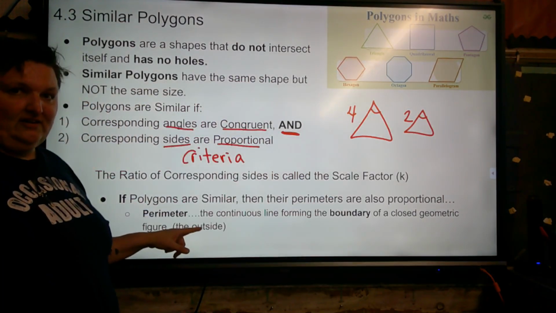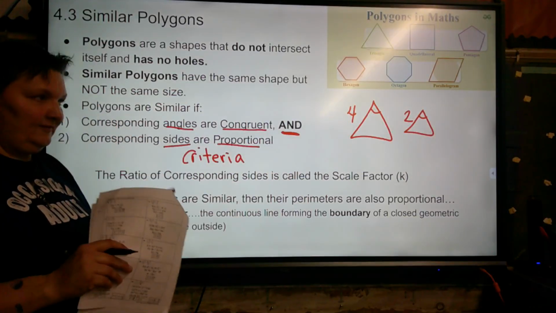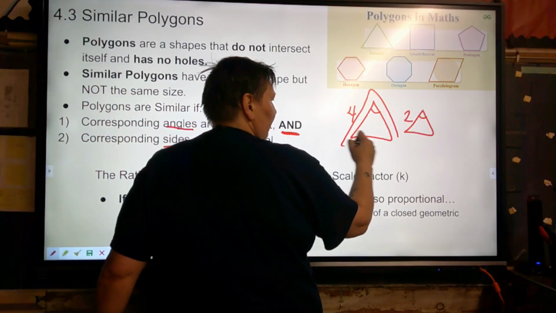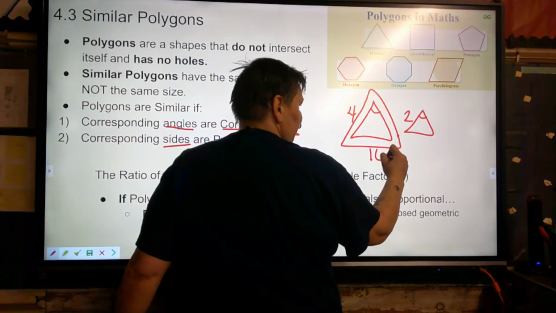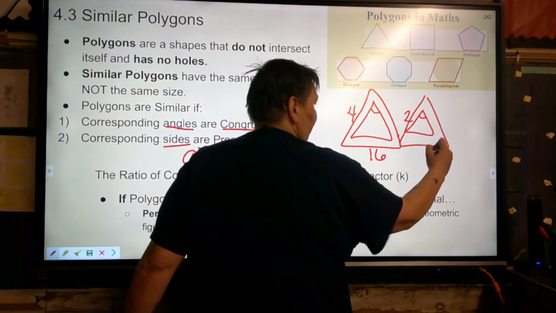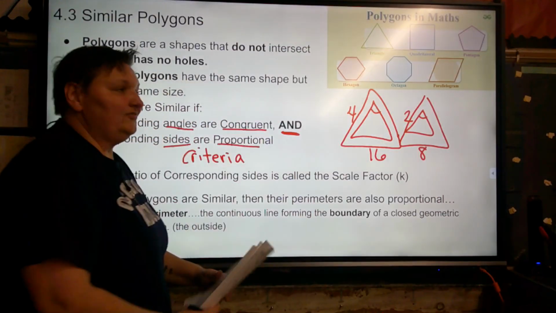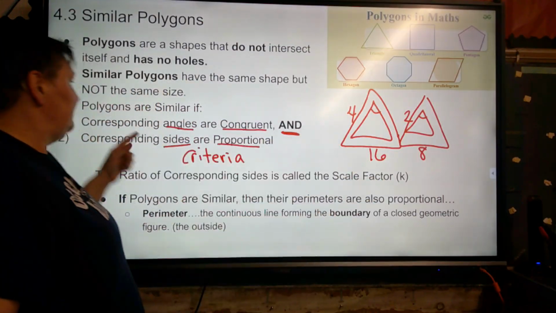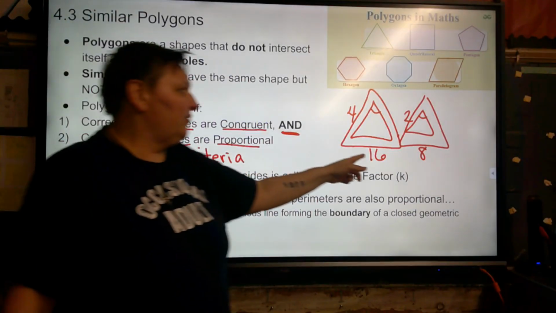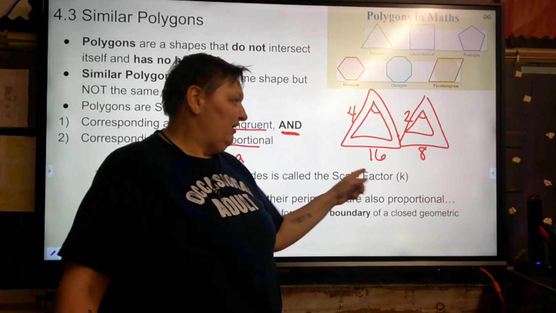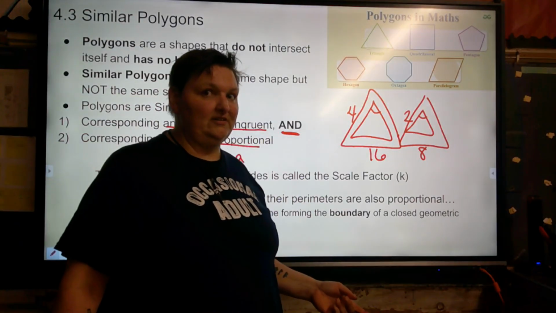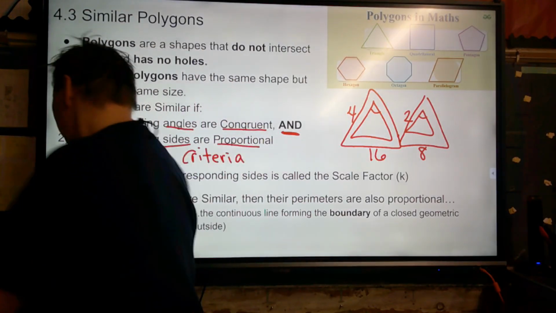It's the outside. So if the perimeter of this triangle is 16, and this is half of its size, then the perimeter has to be 8. They're proportional. So if it meets these two criteria, then the perimeter also follows the scale factor. This is important information. I'll show you why.